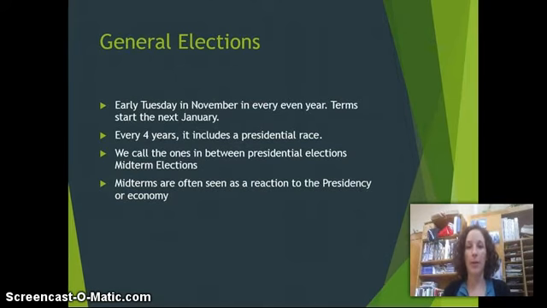So this happened most recently in 2010. In 2008, Obama, the Democratic candidate, was elected president with a Democratically controlled Congress, facilitating something like the Affordable Care Act getting passed. But then by 2010, as sort of a reaction to this, we see the Republicans take back control of the Congress.